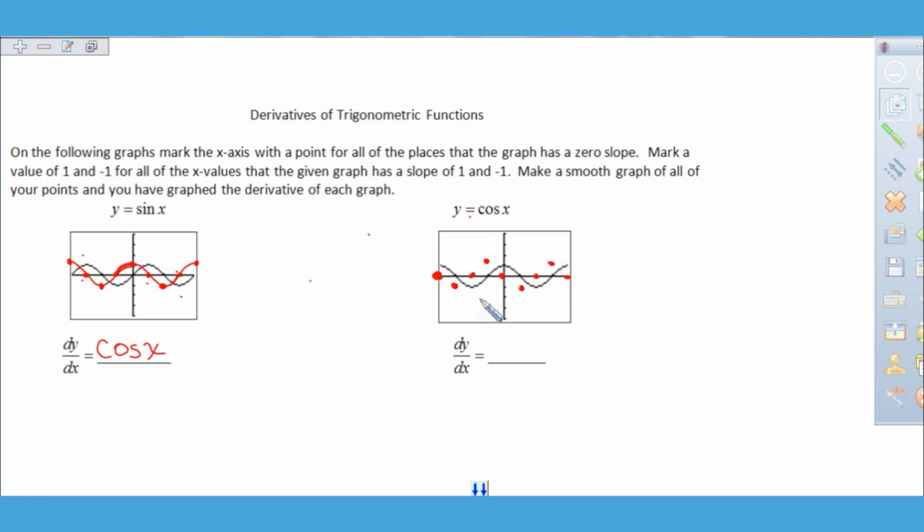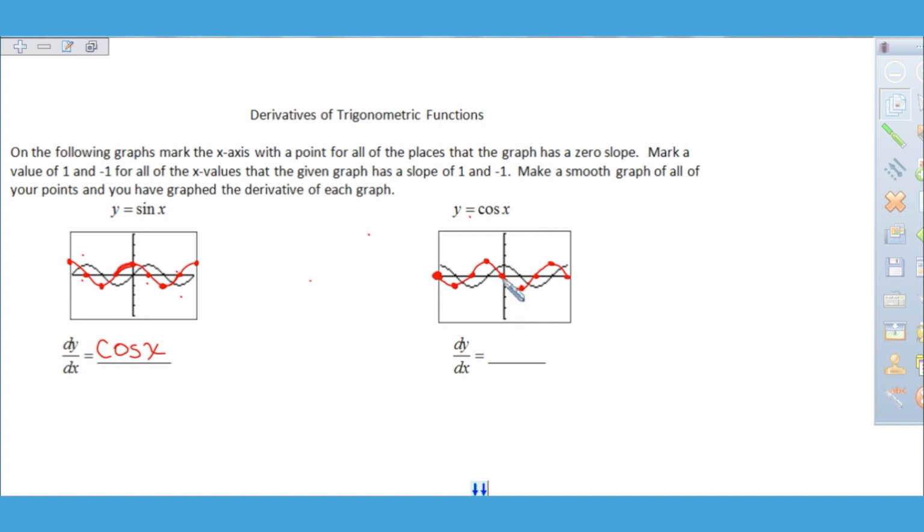Let's connect these points and see if we recognize this guy. I'm thinking it's going to be sine, don't y'all? I mean, if the derivative of sine was cosine, this has got to be the other guy, right? And then I'm thinking, well, that's not quite sine.